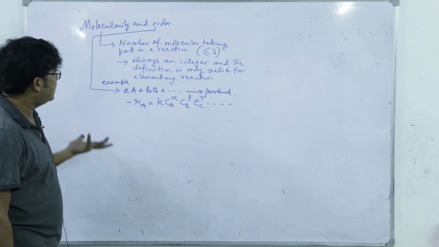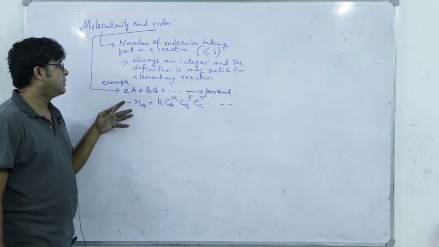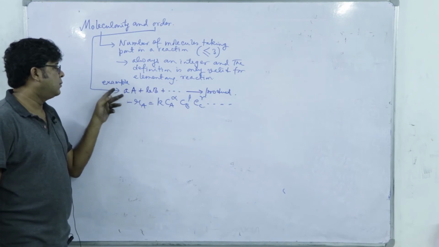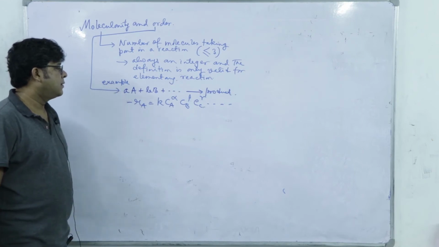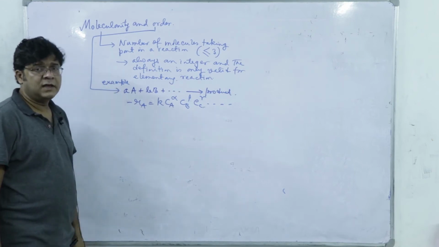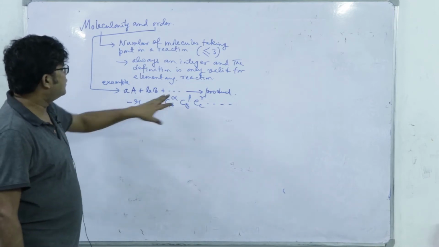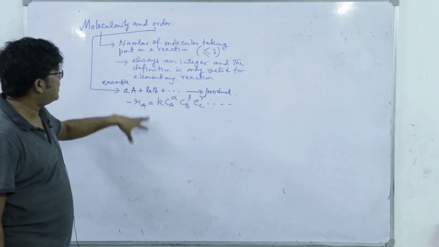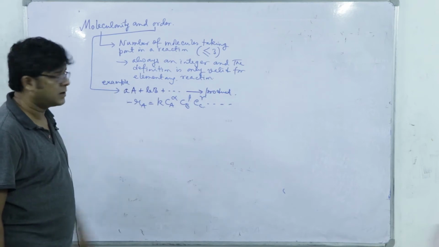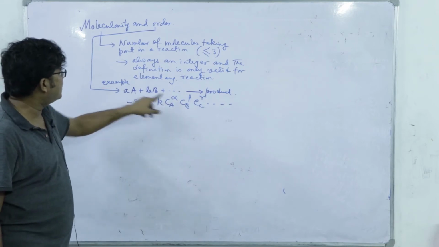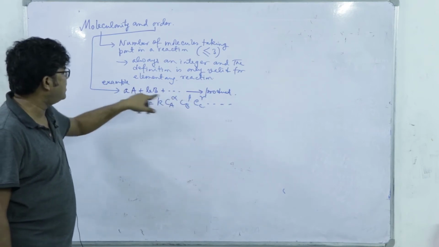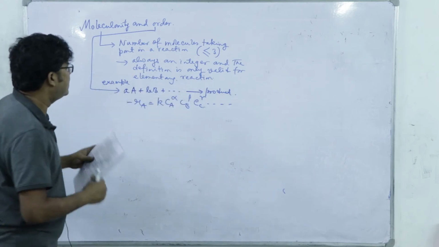So, this is a reaction rate which has nothing to do in general with the reaction stoichiometry if it is not an elementary reaction. So, this definition of rate is valid for elementary as well as non-elementary. If it is an elementary reaction, alpha will be a, beta will be b and gamma will be c, right.